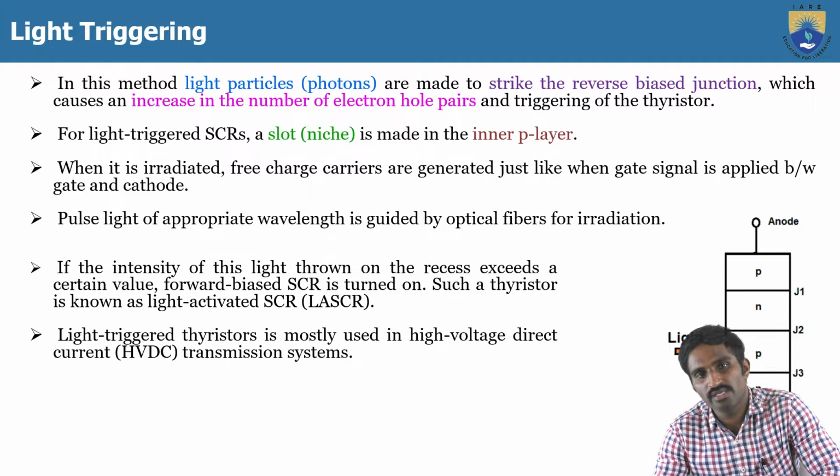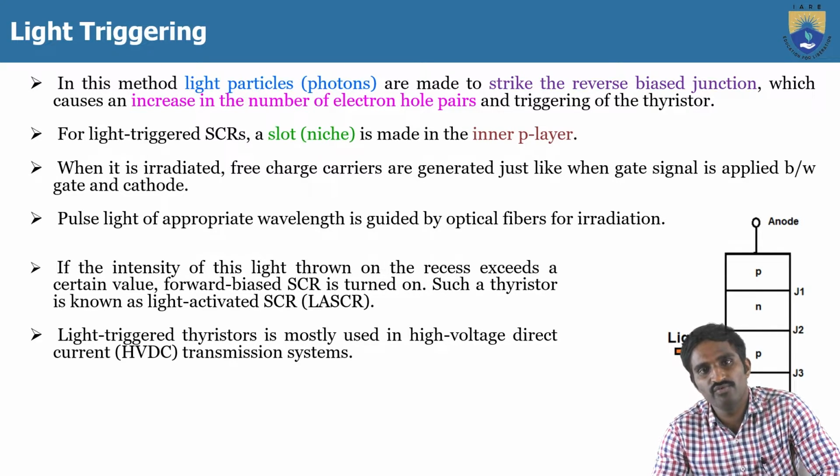The second case is by injecting the gate current into the P layer, because the gate signal is connected to the inner P layer, and then by increasing the temperature, by injecting light particles, which are photons, into the inner P layer, or by increasing dV by dt. In all these methodologies we are applying to turn on the thyristor.